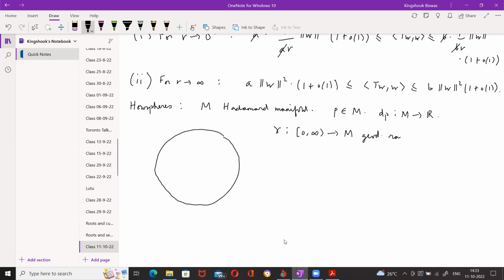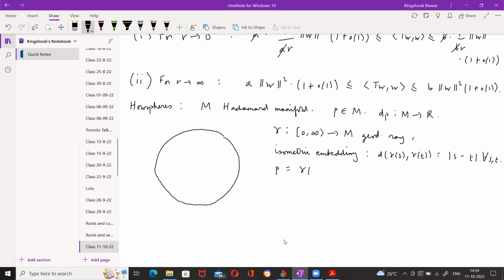This means that this is an isometric embedding of a half line into M. So the distance between gamma(s) and gamma(t) is equal to |s minus t| for all s, t.